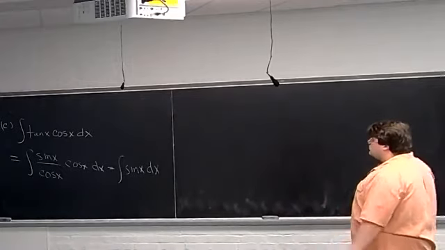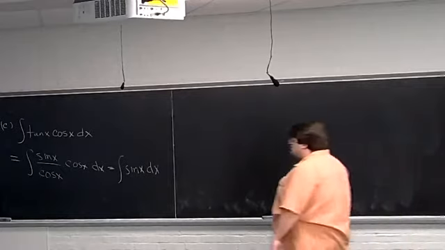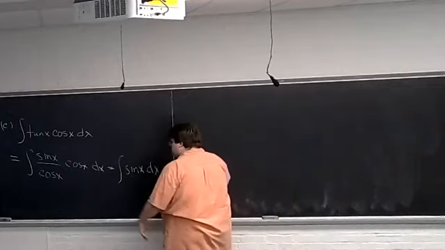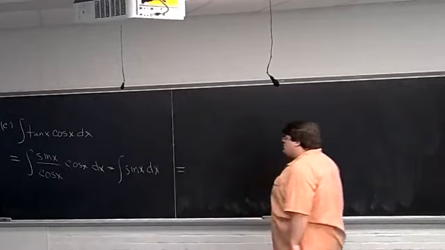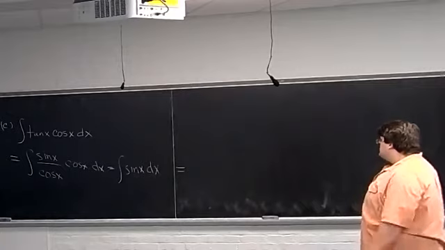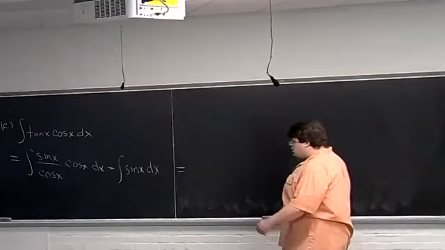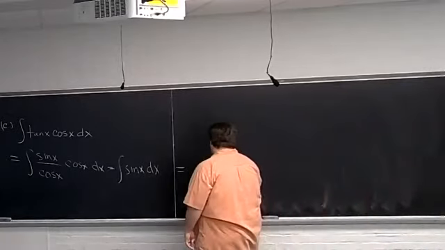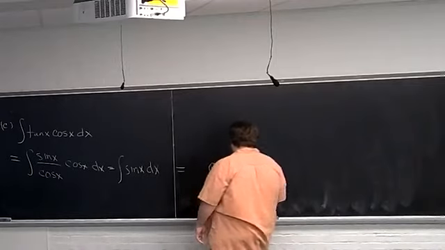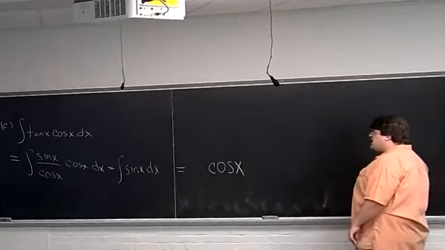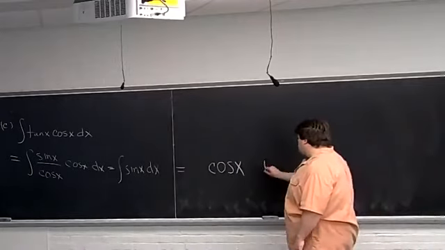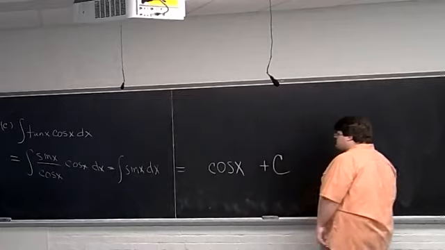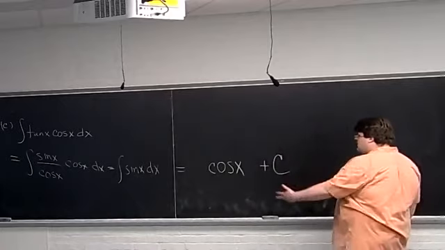Do we know a function whose derivative is sine of x? I think I was thinking cosines because we canceled them. Well, the derivative of cosine is negative sine. So right here, this doesn't work because the derivative of cosine is negative sine.